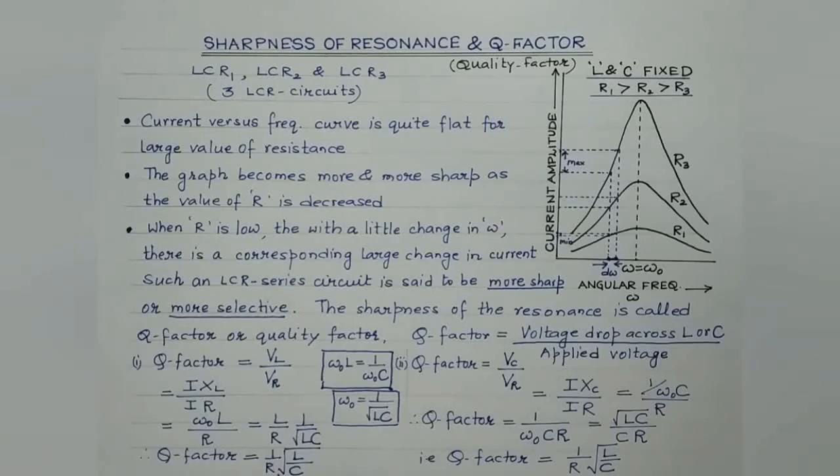So Q factor is equal to 1 by R square root of L by C. Therefore, we conclude that the Q factor of an LCR series circuit will be large if the circuit has more selectivity or more sharpness. That is, for Q to be large, the value of R should be low, the value of C should be low, while the value of inductance should be high. So the circuit will have more selectivity or more sharpness if the LCR circuit possesses a large quality factor.